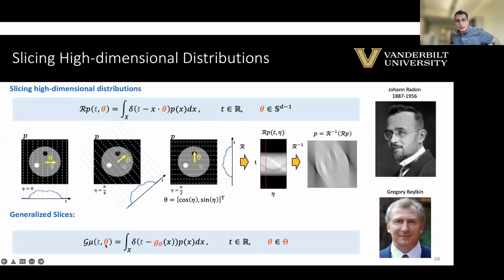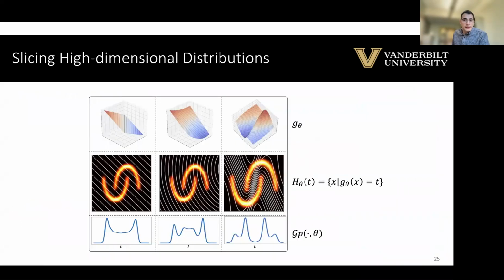Okay. So why is this useful, and why are we talking about it? By the way, just very quickly, this is another visualization of the integration of two-dimensional distributions. If we do linear slicing, or the Radon transform, we can essentially also have nonlinear slicing. These are the level sets of that g theta function that we were looking at. We can integrate our two-dimensional distribution along those and get a different marginal.